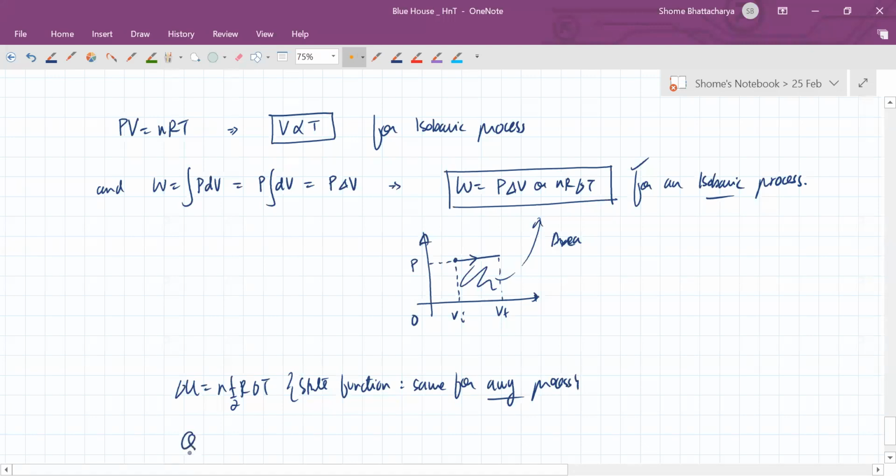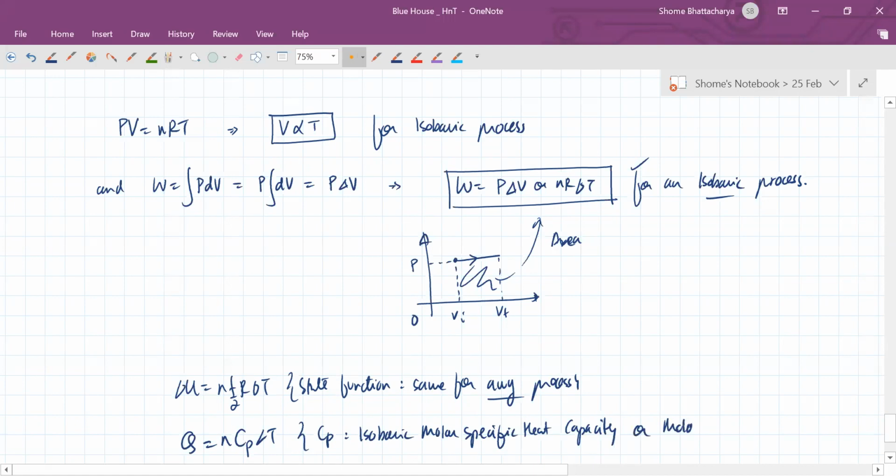Okay. Q here becomes what we call nCp delta T, where Cp is isobaric molar specific heat capacity. Okay.